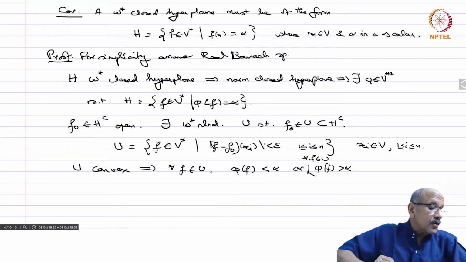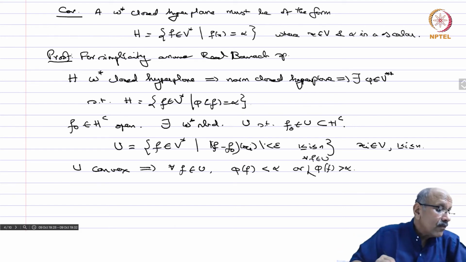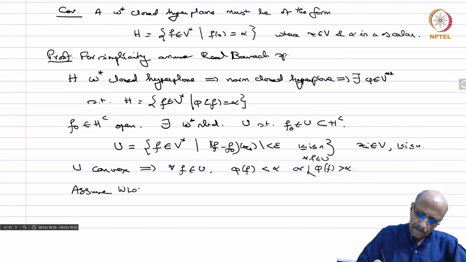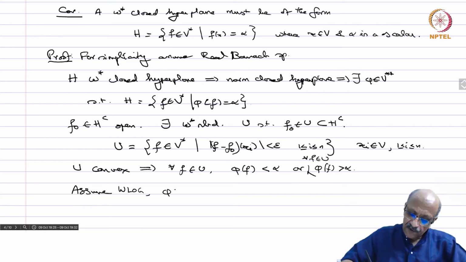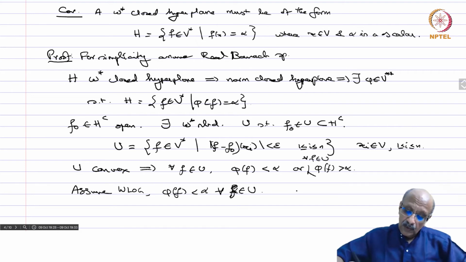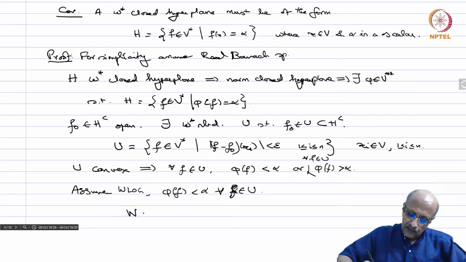So let us assume, without loss of generality, phi f is less than alpha for every f in U. Okay, now let us look at W equals the set of all g in V star such that mod g(x_i) is less than epsilon.